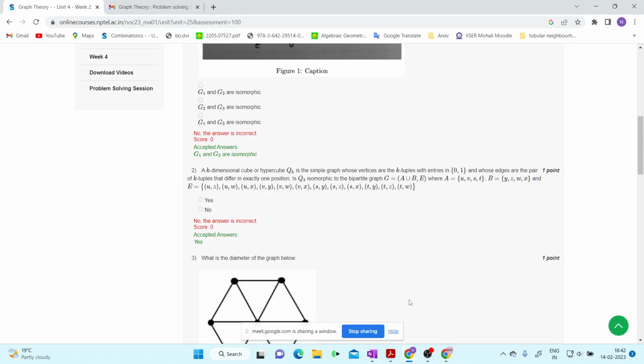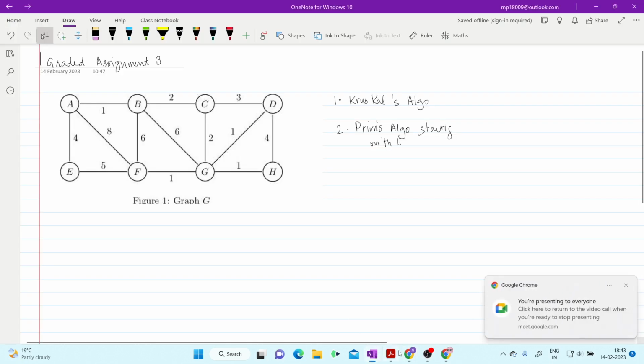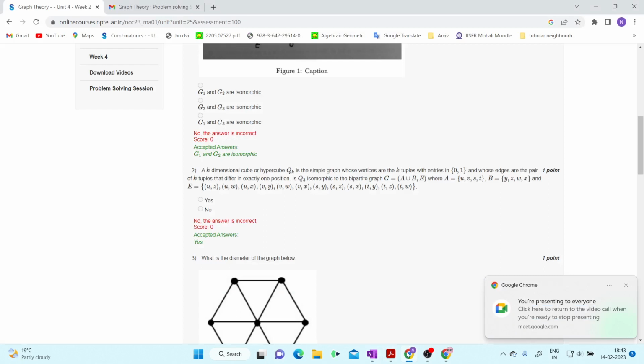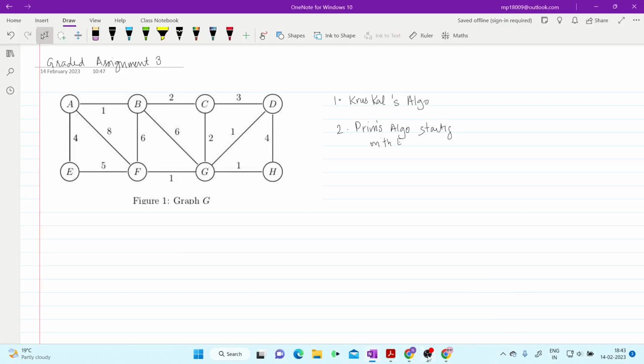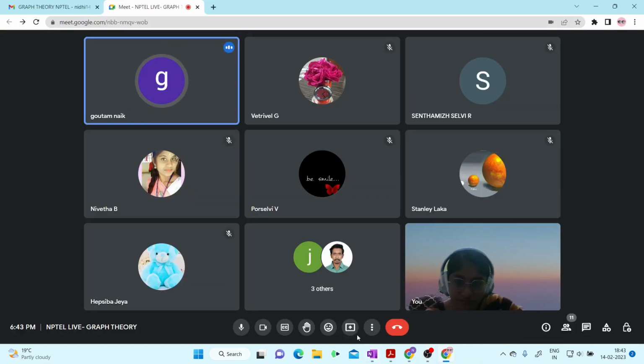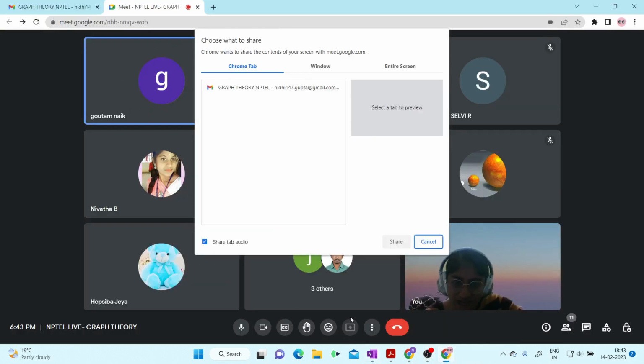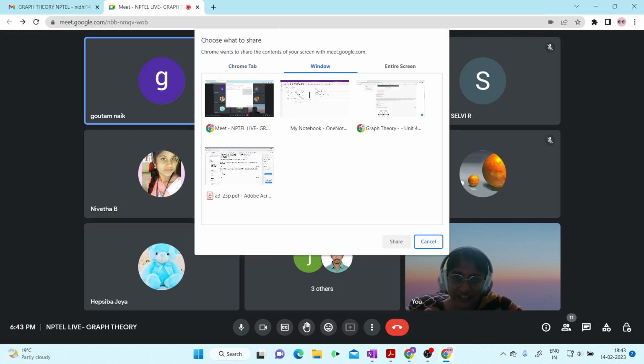It will be bipartite. Why Q3 will have three sets? It can be bipartite. Yes, Q3 is bipartite. So we'll see that.